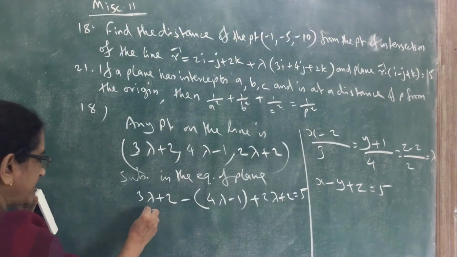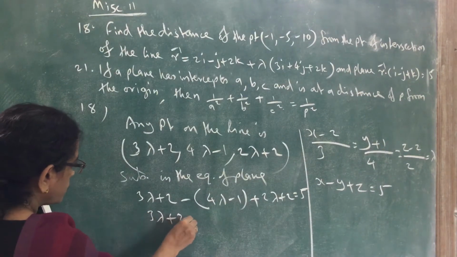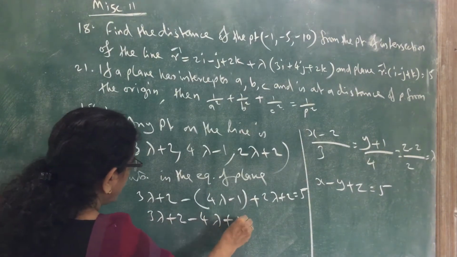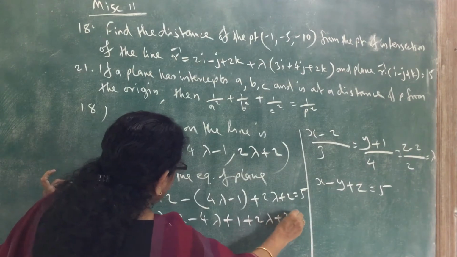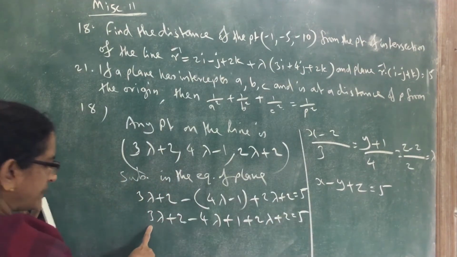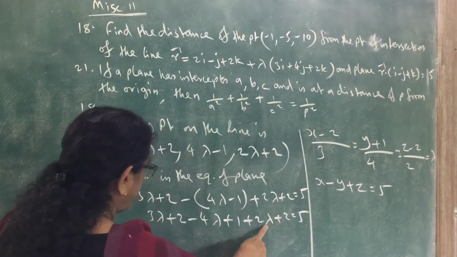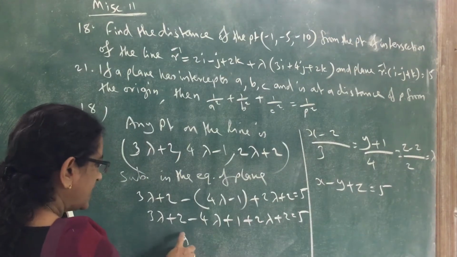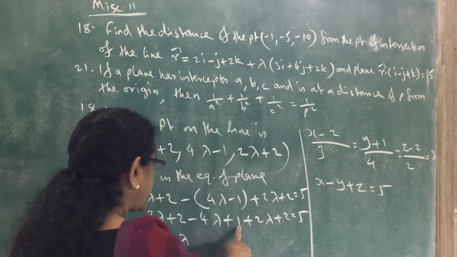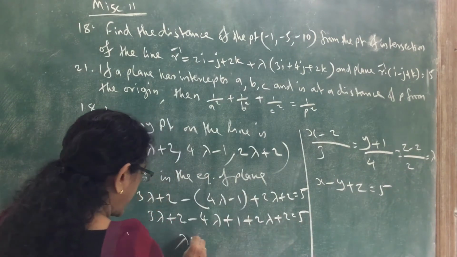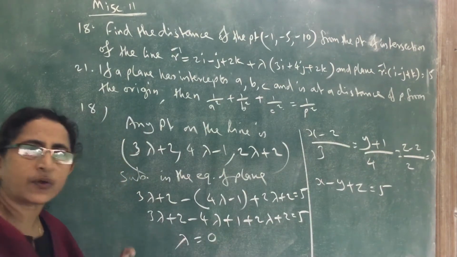Then solve: 3 lambda plus 2 minus 4 lambda plus 1 plus 2 lambda plus 2 equals 5. So 3 lambda minus 4 lambda plus 2 lambda is lambda, and 2 plus 1 plus 2 is 5. 5 minus 5 is 0, so lambda equals 0.